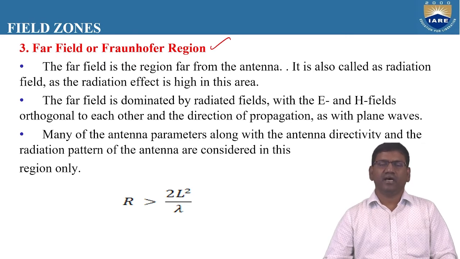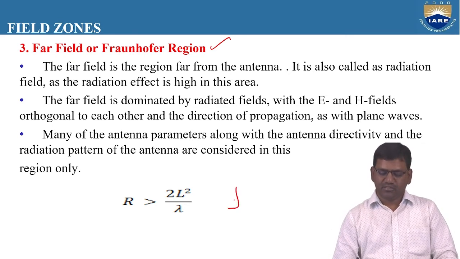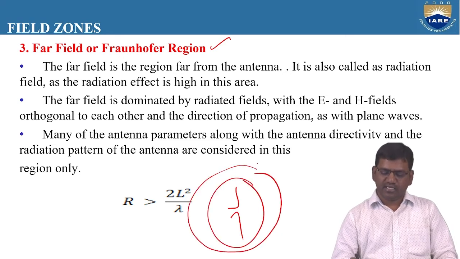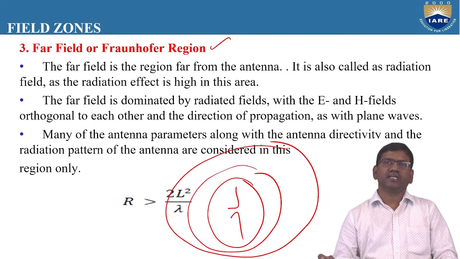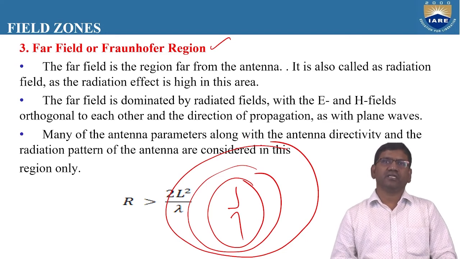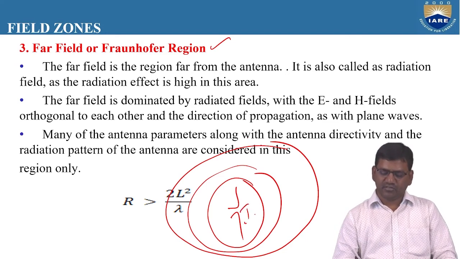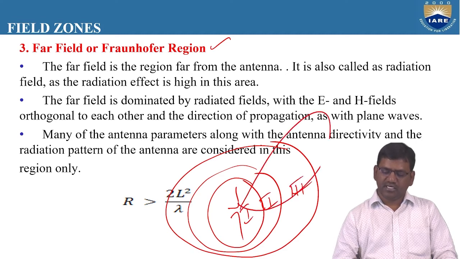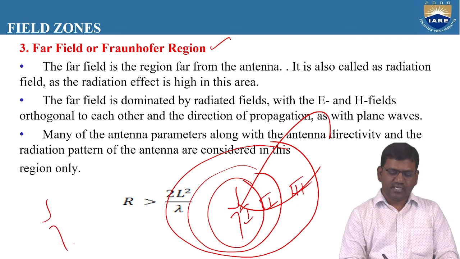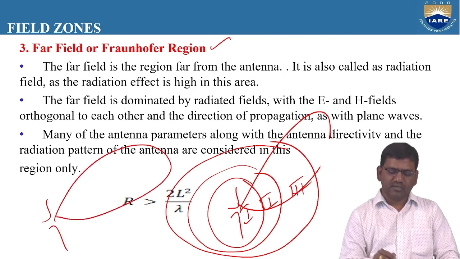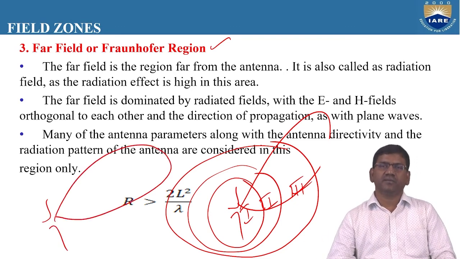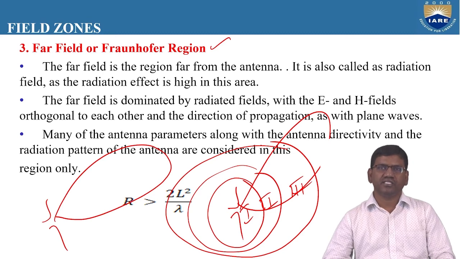Here the electric and magnetic fields are formed, and at the same time they are perpendicular to each other. If this is the first zone, this the second zone, and this the third zone, you will see a regular shaped radiation pattern from the antenna in the far field region only.